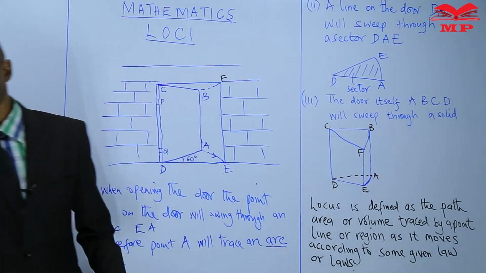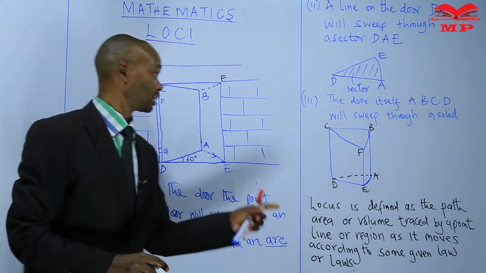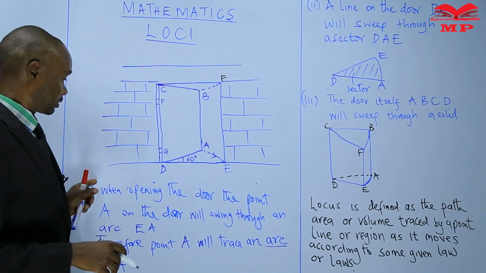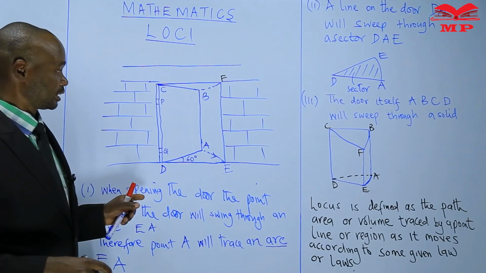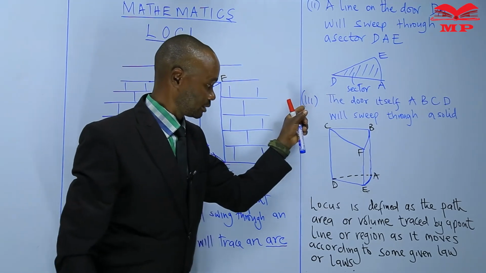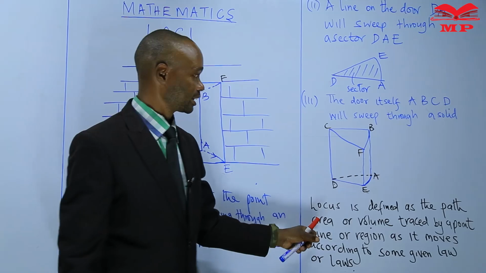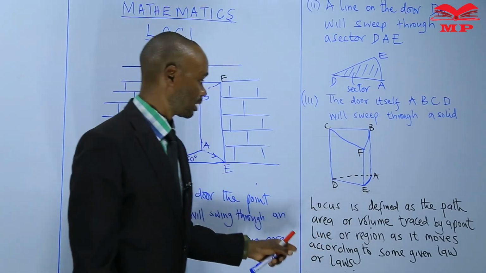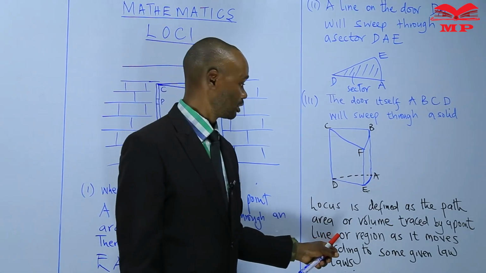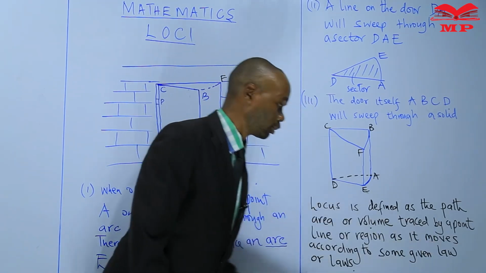So that gives us the definition of a locus. That's why I had to go through the first explanation, the second one, and the third one. So a locus is defined as the path, area, or volume traced by a point, line, or region as it moves according to some given law or laws.